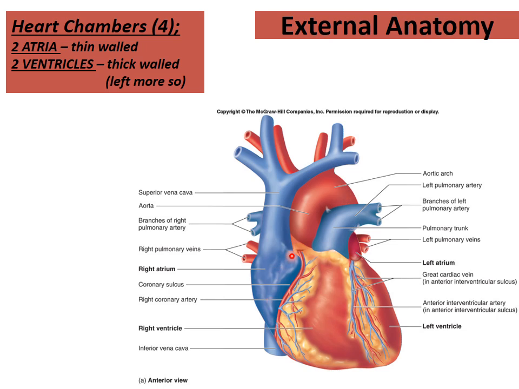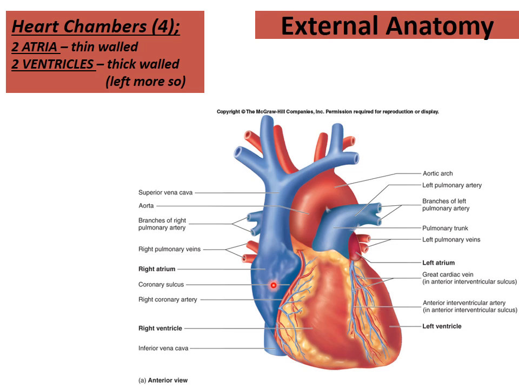Because the right side of the heart, remember, is only pumping into the lungs a very short distance, the myocardium of the right ventricle tends to be thinner than the muscular wall of the left ventricle. The left ventricle is pumping to the entire body, so its myocardium, the muscle layer of its heart wall, is very thick relative to the right side.